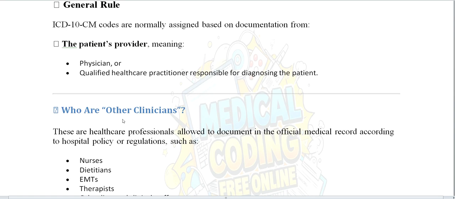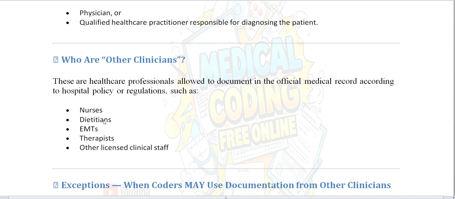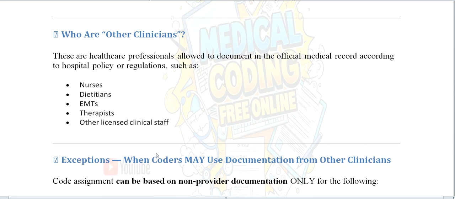Who are other clinicians? These are healthcare professionals allowed to document in the official medical record according to hospital policy and regulations, such as nurses, dietitians, therapists, and other licensed clinical staff.